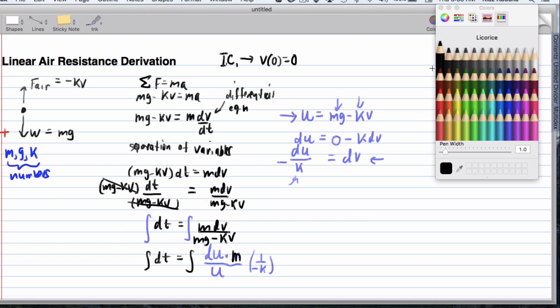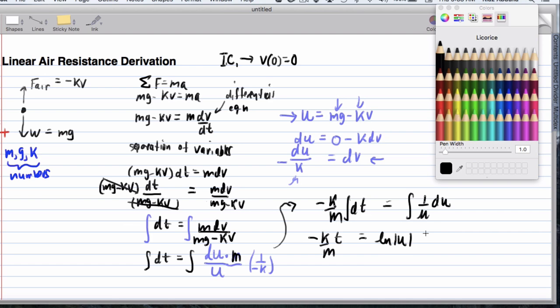When we simplify, we rewrite this equation as negative k over m dt equals the integral of 1 over u du. So when we integrate both sides, we're going to get negative k over m times t equals natural log of u plus c.